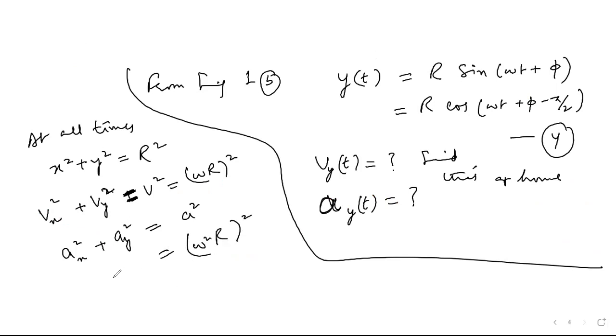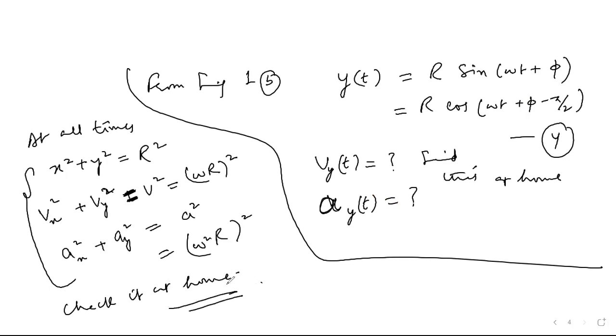So Ax square plus Ay square will always be A square, which is omega square r whole square. Vx square plus Vy square will always be V square, which is omega r whole square, and x square plus y square will be equal to r square. This is all your exercise. Check all this at home.